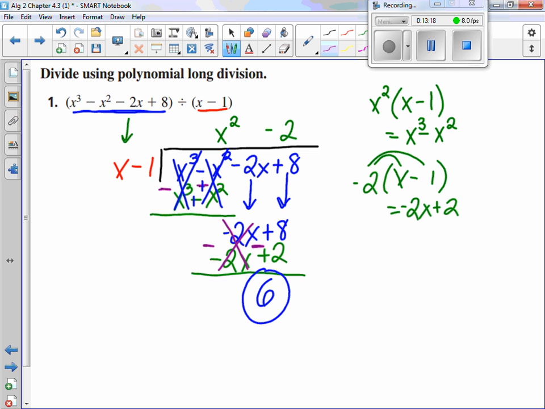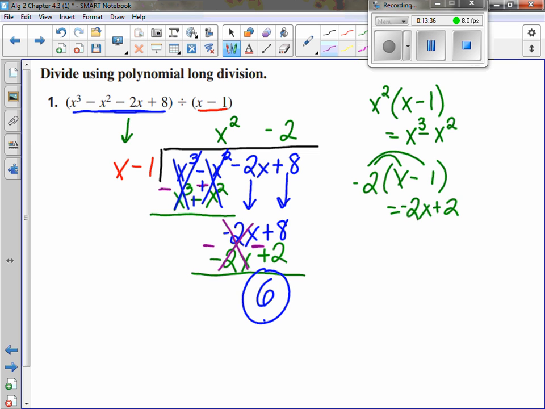Whenever we look at the degree of what is left over after we subtract, what is the degree of 6? 0. There's not an exponent. There's not a variable with an exponent, is there? Whenever there's a number by itself, its degree is 0.